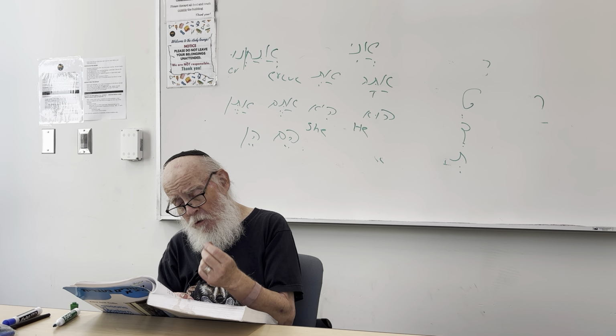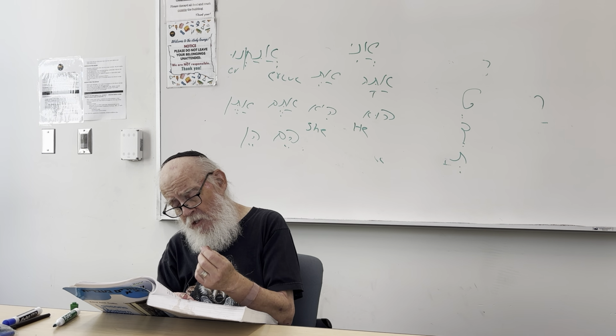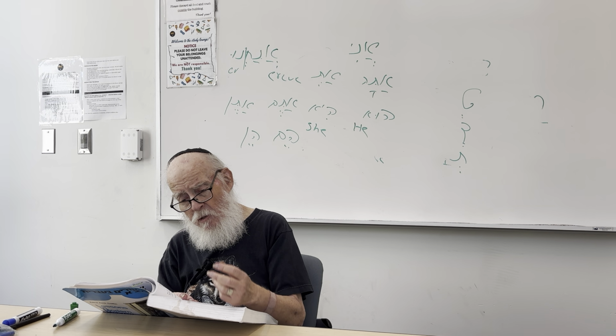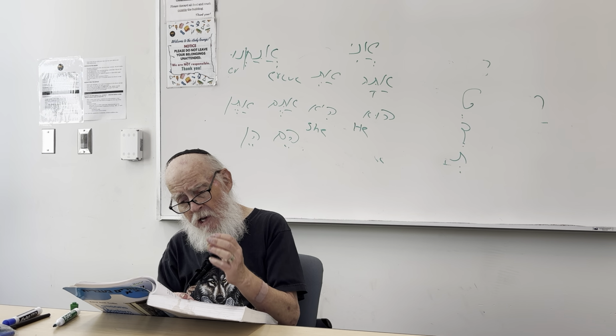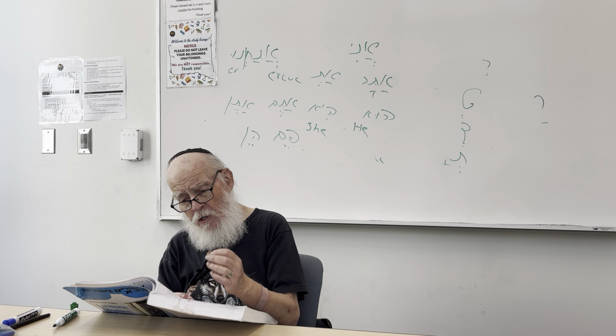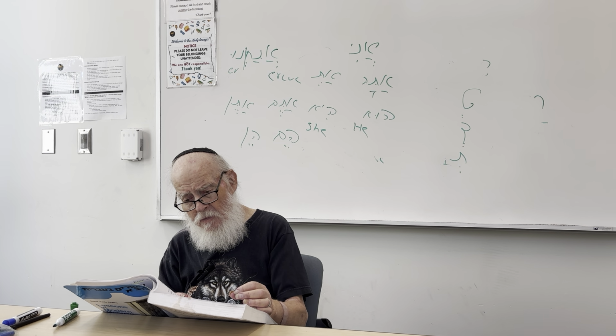It's pointed as a shuruk if the word that's affixed to it has a bilabial, a mem letter, a bet letter, a pei letter, or a vav letter. So it's not Ve-Mar Cosby, it's U-Mar Cosby. So Mar Cohen u-Mar Cosby, Rofim. Mr. Cohen and Mr. Cosby are doctors.